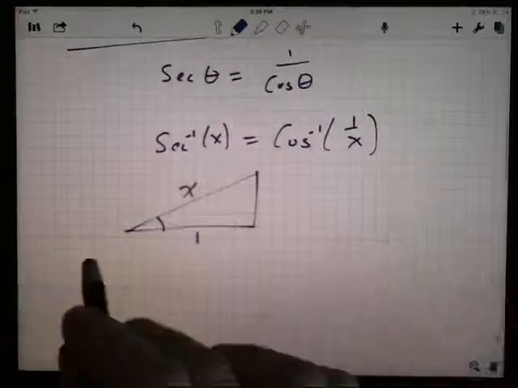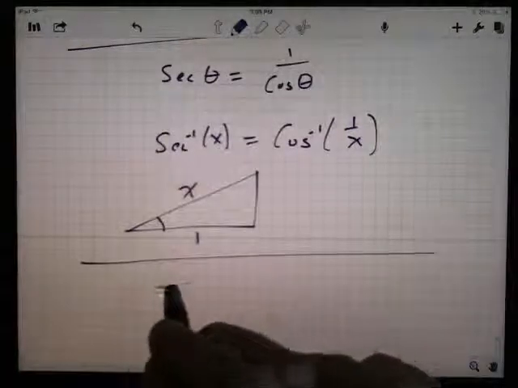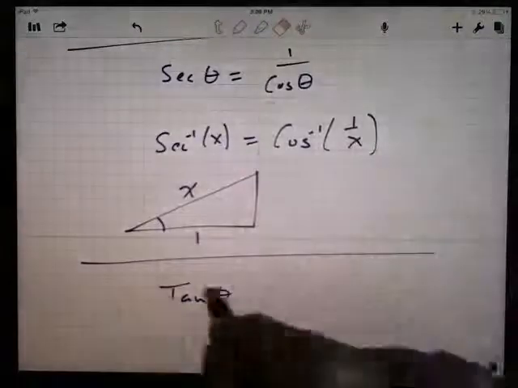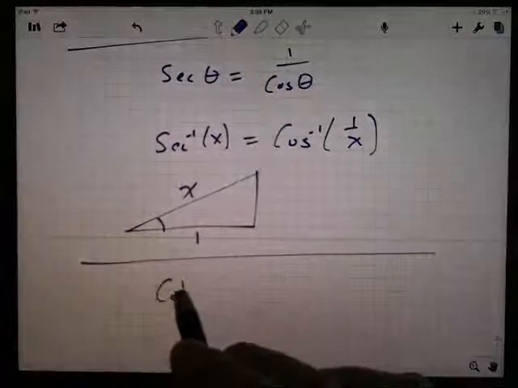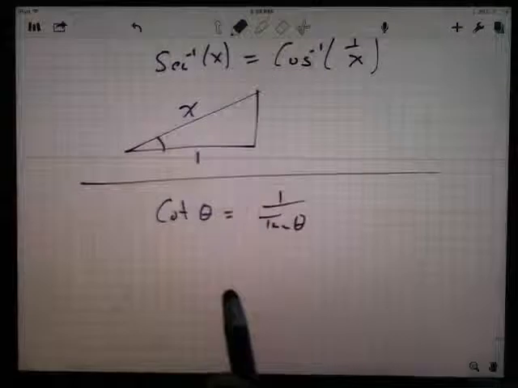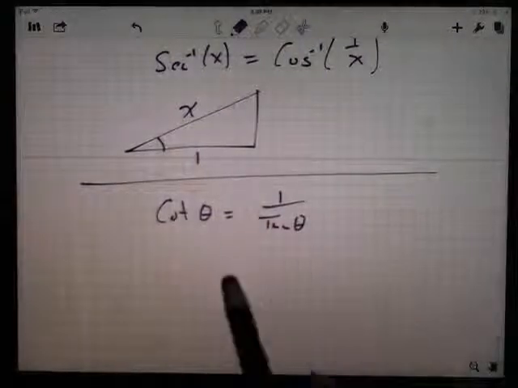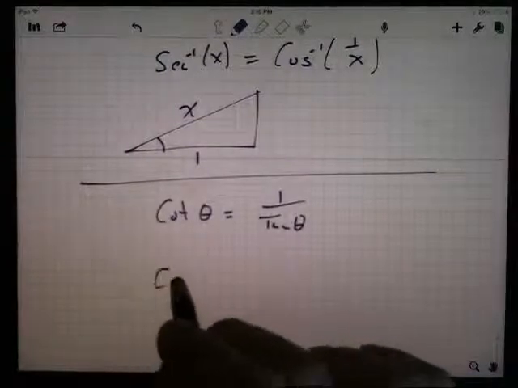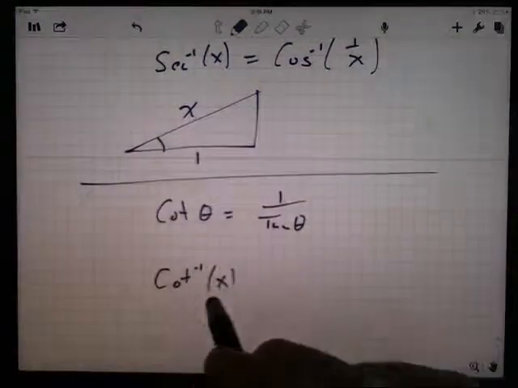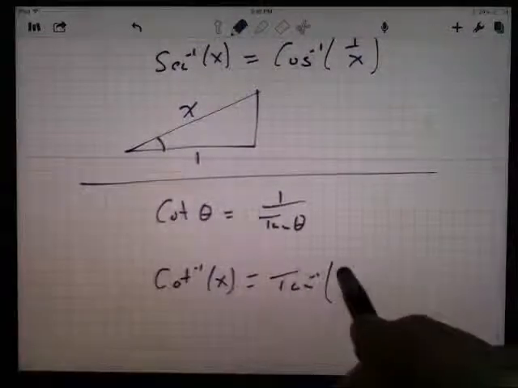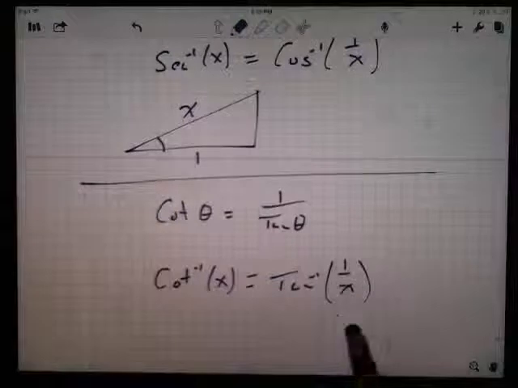Lastly, the inverse cotangent. There's a relationship between tangent and cotangent, which I want to write this way: the cotangent of theta is 1 over the tangent of theta. Ratios of sides are reciprocals, not angles. So when I look at the inverse functions, the inverse cotangent of x should be related to the inverse tangent, but because of the reciprocal property, on the inside.